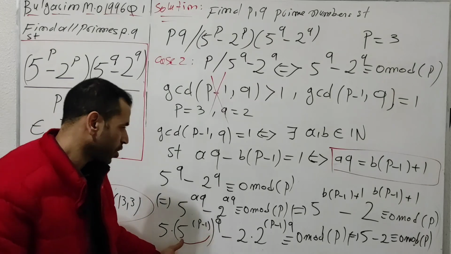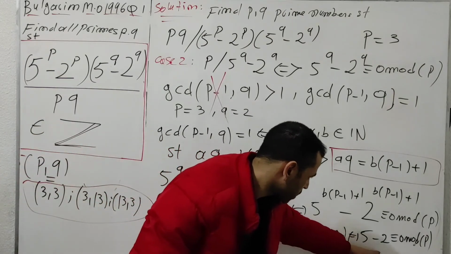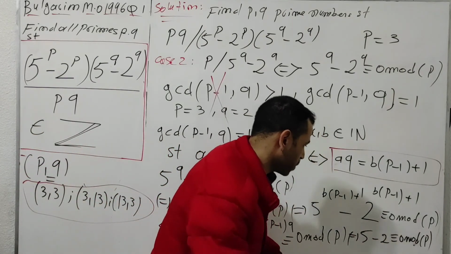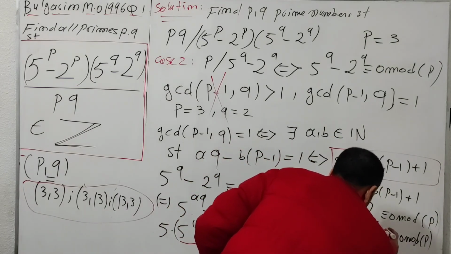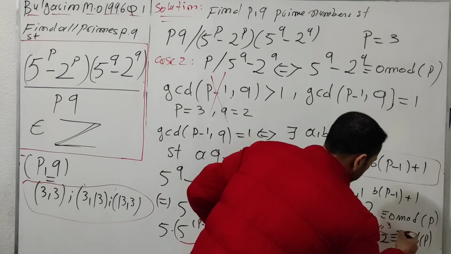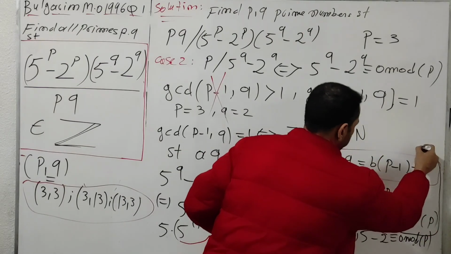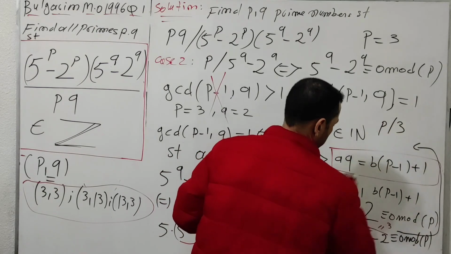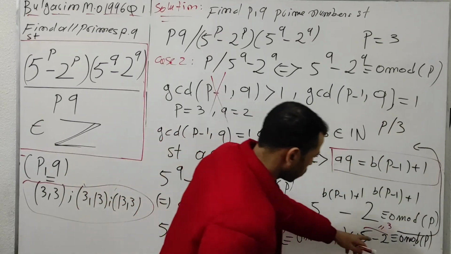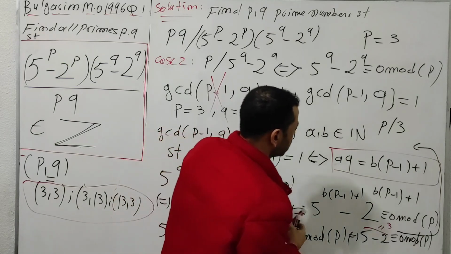So after simplification, we have 5 minus 2 congruent to 0 mod p. This one equals 3. That means p divides 3, since 3 is congruent to 0 mod p.